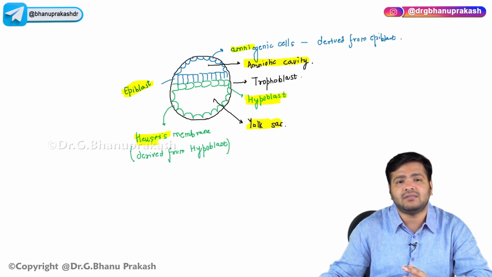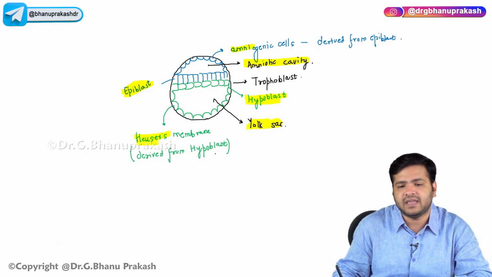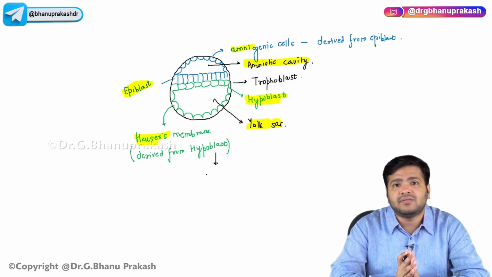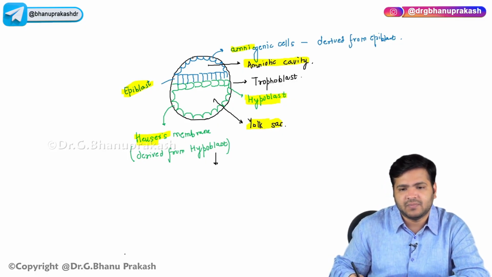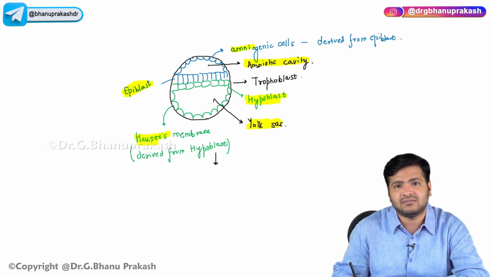Now coming on to the next part. I hope till now everything is clear. So let us discuss what will happen next. Now the yolk sac, or the wall of the yolk sac, will secrete a lot of secretions, right?